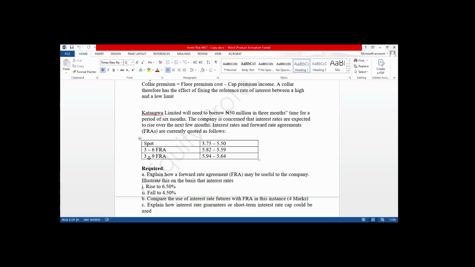Now, we are given 2 rates. Are we going to pick 5.94 or 5.64? Which of these rates are we going to pick? To answer this question, our company is planning to borrow money.